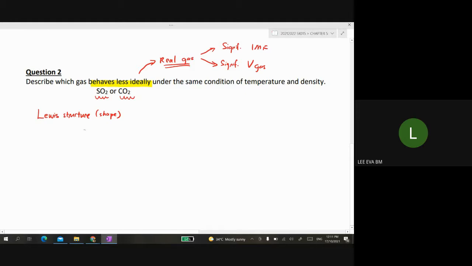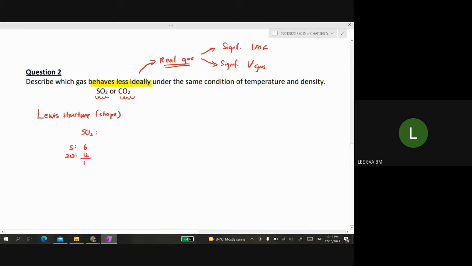So if you forgot, madam will try to remind you. Sulfur dioxide. Let me look at what the time is now, madam is afraid of going overtime. Okay, sulfur, valence electron. Madam will revise Chapter 4 with you once more. Okay, sulfur, what is your valence electron? 6. Oxygen, we have 6 also, so 12.